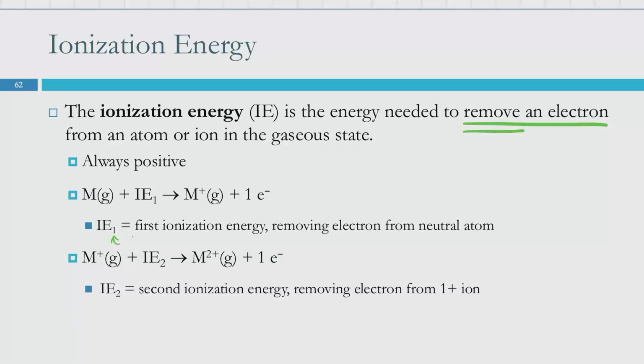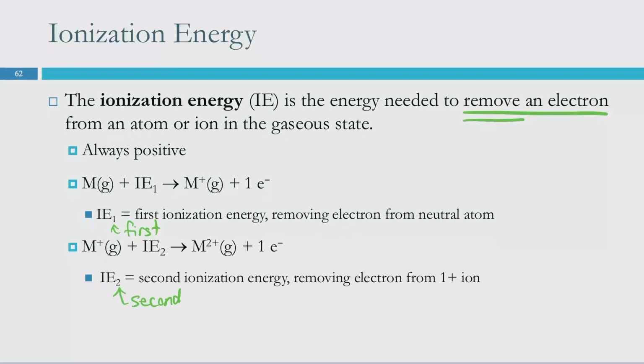So the 1 here means that it's the first ionization energy. The 2 here means that it's the second ionization energy. If you took Chem 20, you probably covered ionization energy, but just the first ionization energy. We will also talk a little bit about second and subsequent ionization energies.